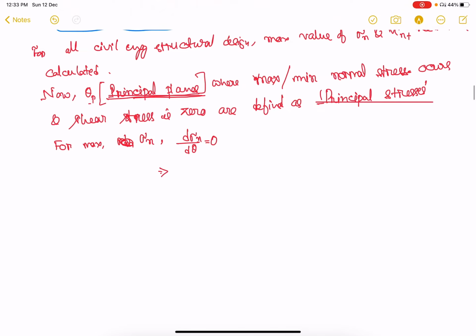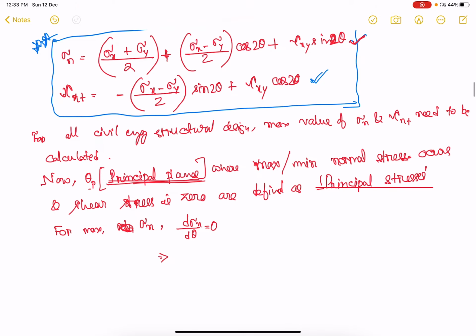What it is: this is constant, this is 0, this is sigma x minus sigma y divided by 2, and the derivative of cos twice theta is minus sine twice theta, and for 2 theta a 2 comes, and again tau xy is constant, the derivative of sine twice theta is cos twice theta, and for 2 theta a 2 comes, equal to 0.